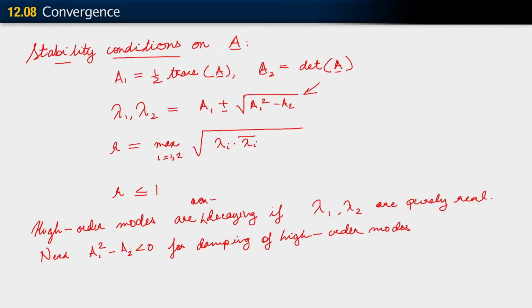Okay, so this is really a sort of parabolic condition. If we go back and now plot out this parabolic condition on our A1, A2 space that we introduced at the end of the last segment, here's what we'd see. This point is 1, 1.